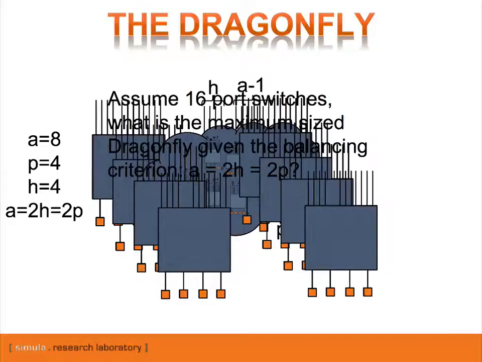So that's the 3 square boxes at the bottom. That's the A switches in the group. And each of these switches has P processors and H global links. And the global links are the links connecting the group to the other groups in the topology. So the intergroup topology is made up of the H links from the switches in the groups.